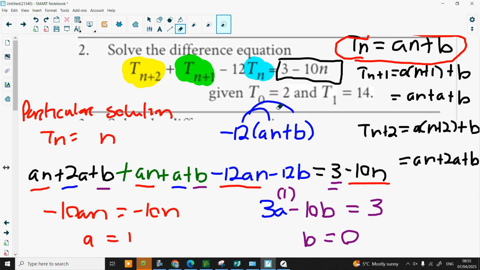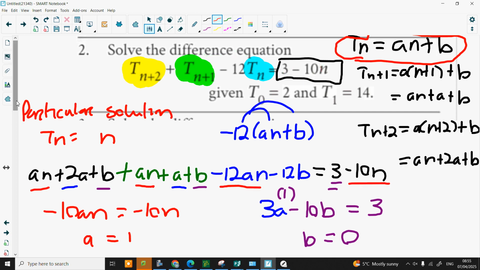Okay. Now, what did we do last time for what's called the complementary solution? We pretended that the right-hand side was 0, and we solved it as a second order homogeneous. Okay, so what we're going to do with this full equation, x squared plus x take away 12, isn't it?